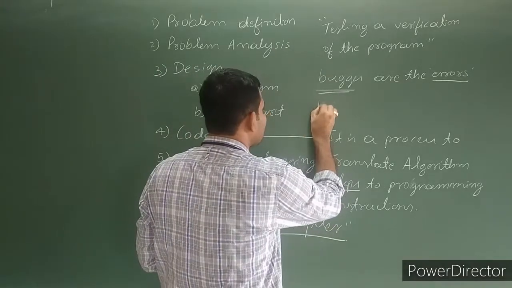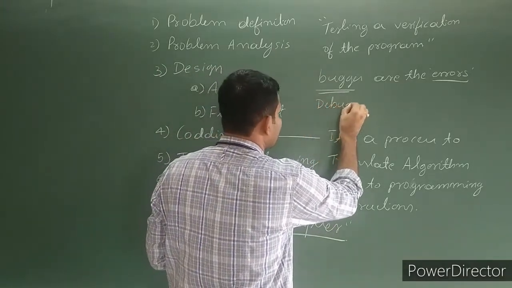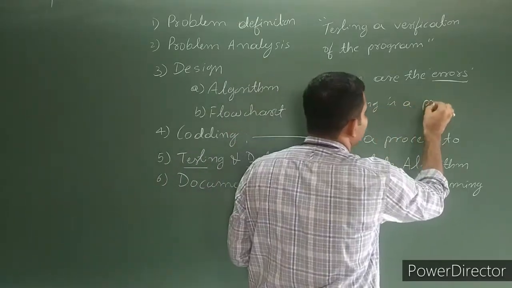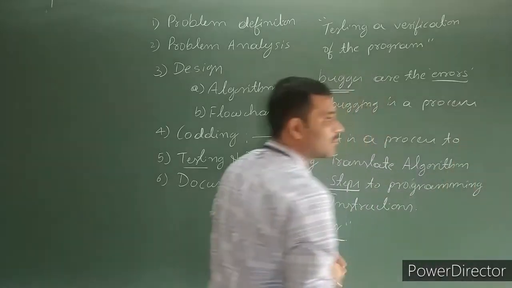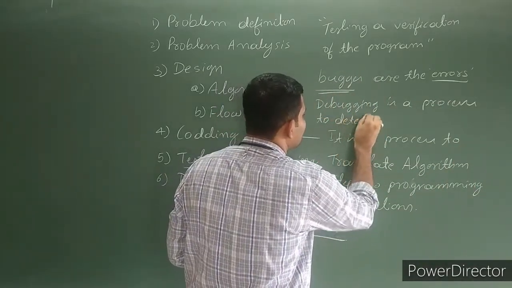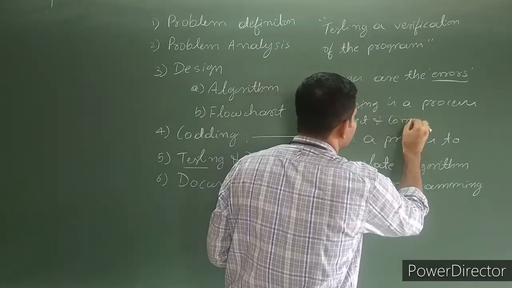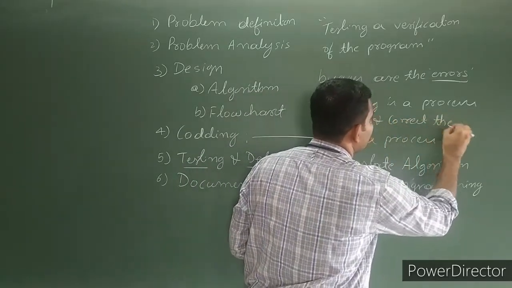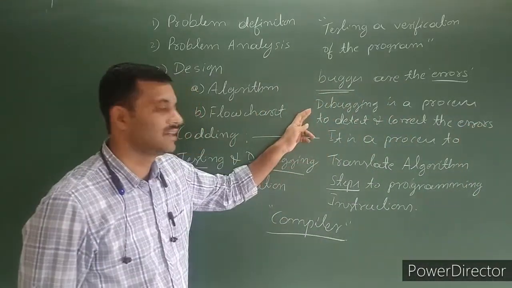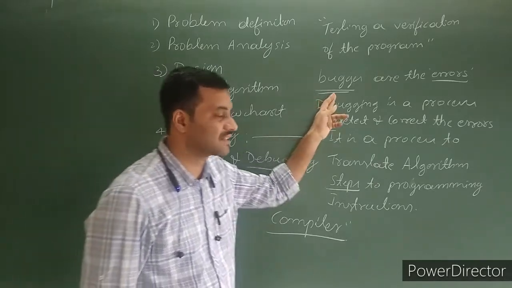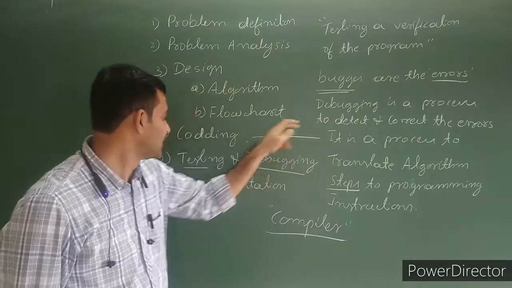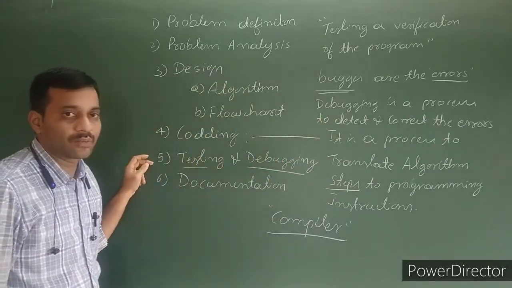So debugging is a process to detect and correct the errors. Bugs are the errors, and the process to detect and correct those errors is called debugging. That is the fifth stage in problem solving.